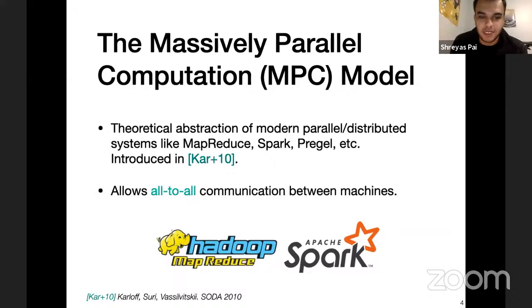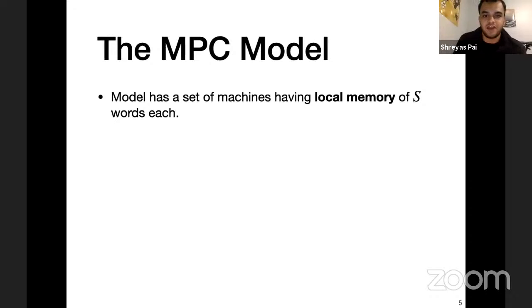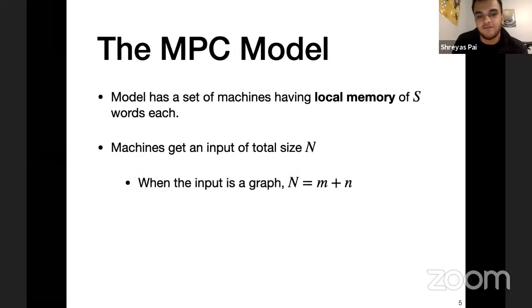A main attraction of this model is that it allows all-to-all communication between the machines. The MPC model is defined by a set of machines, each having a local memory parameter of S words. The machines get an input of total size capital N, and if the input is a graph, this capital N will be the number of edges plus the number of vertices.